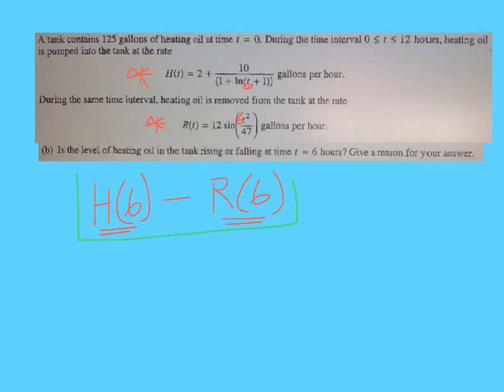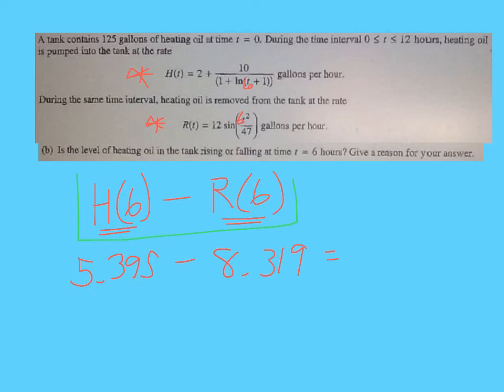All right. So I punch into my calculator, I get h of 6 is 5.395, and r of 6 is 8.319. So I can already tell that we're going to be decreasing because r of 6 is greater.